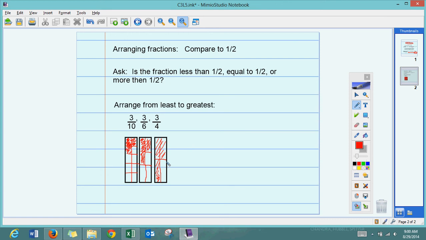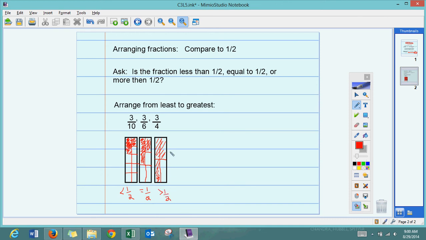Okay, so now by visually looking at these fractions, at the models, you should be able to arrange them from least to greatest. Is 3/10 more than 1/2, less than 1/2, or is it exactly half? Well, it would be less than 1/2. 3/6, hopefully you realize that that is equal to 1/2. And 3/4, that's clearly more than 1/2.